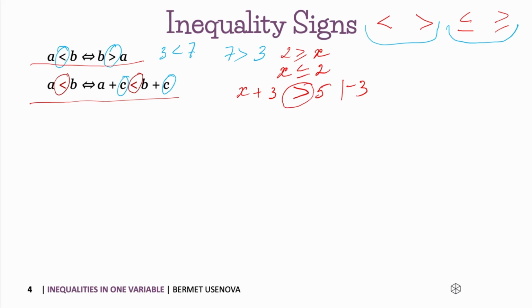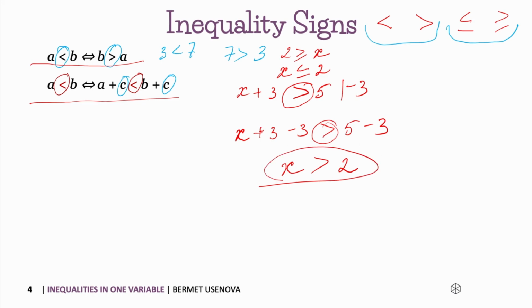It doesn't change, so we just do it step by step. It means x plus 3 minus 3 greater than 5 minus 3. Again, the sign doesn't change. Then we have x larger than 2. Okay, let's move to the next rule.